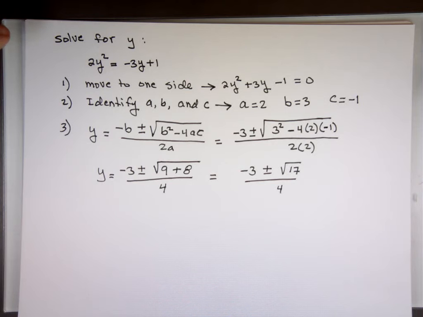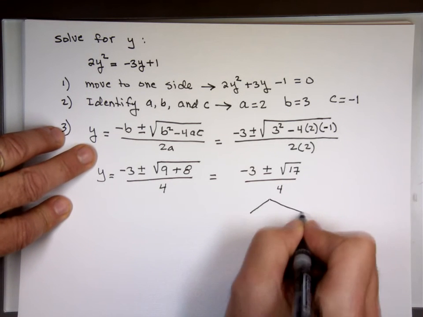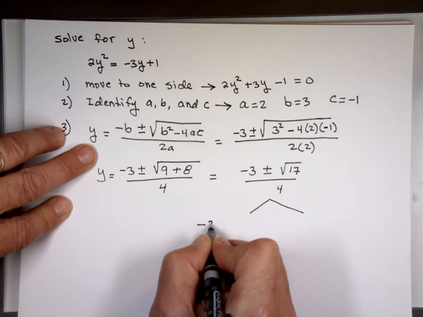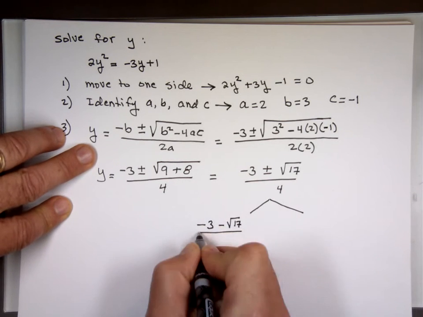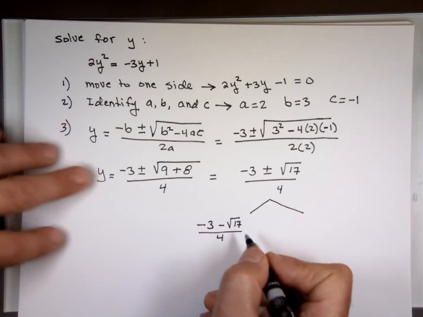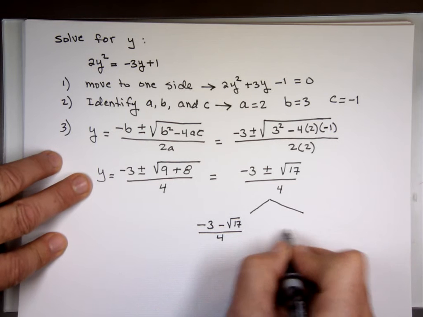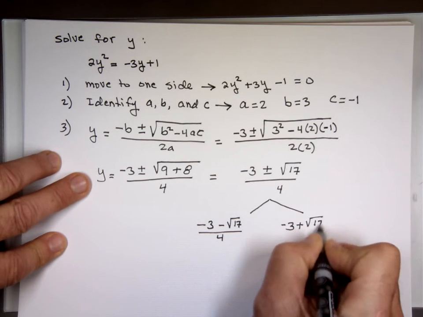And usually the software wants the answer to be exact. So to get the exact answer, one solution is negative 3 minus the square root of 17 over 4. The other one, it's negative 3 plus the square root of 17 over 4.